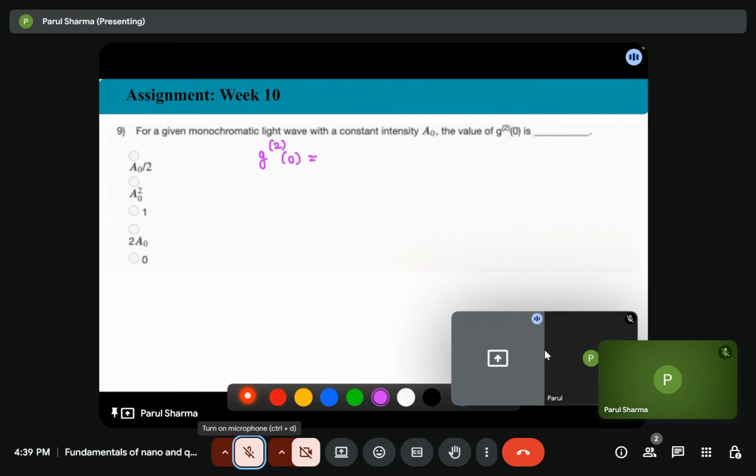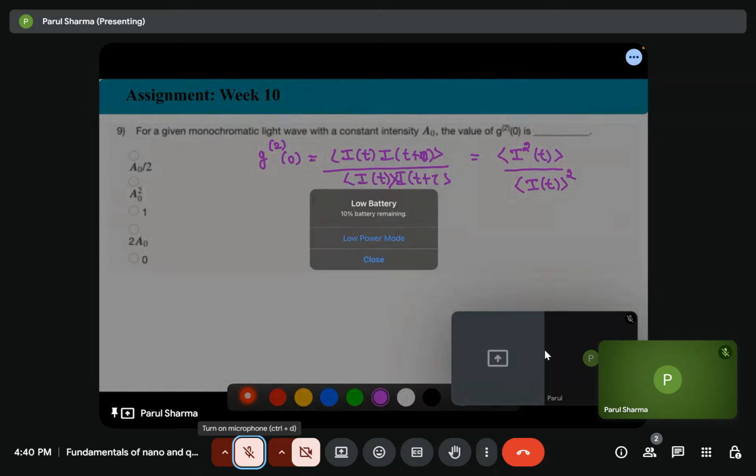So we saw that G2 of 0 is the intensity at t times the intensity at t plus tau, divided by the average intensity at t times the average intensity at t plus tau. Now time is 0. So it will be I squared of t divided by I of t squared. So we know.